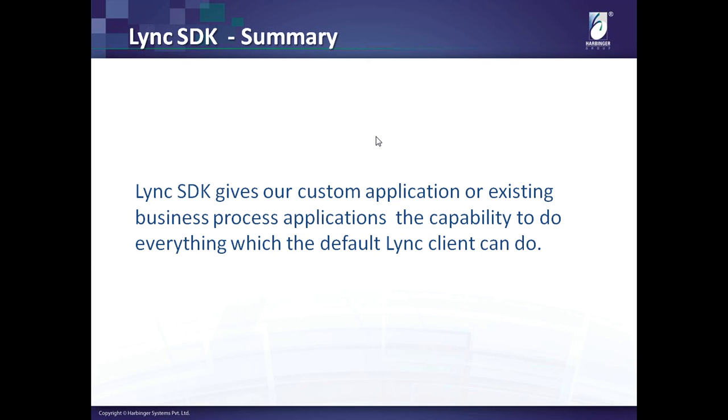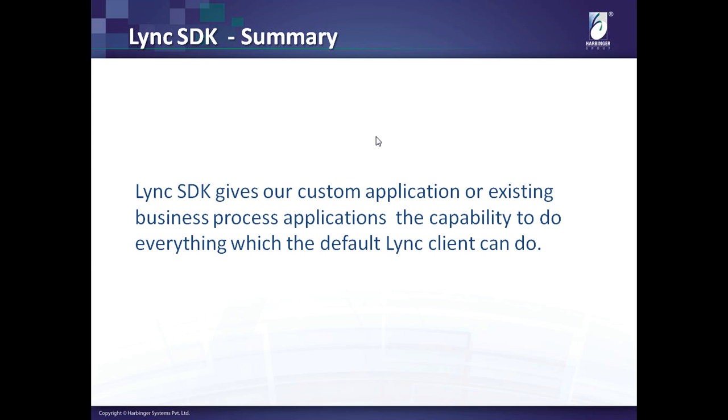So let's summarize what we learned to this point of time. And I can literally summarize it in one line. That the Lync SDK gives our custom applications, our existing business process applications, the capability to do everything which the default Lync client does.